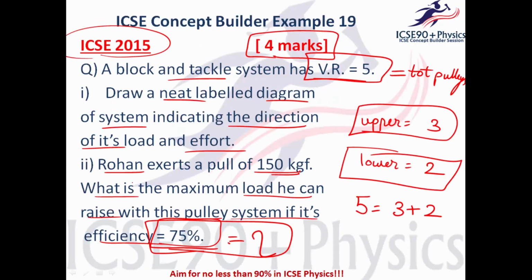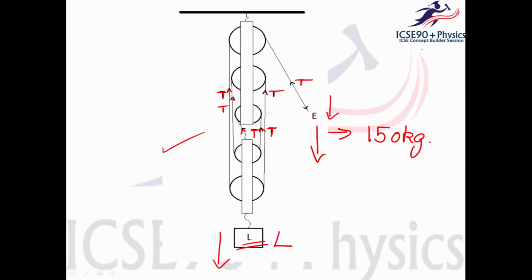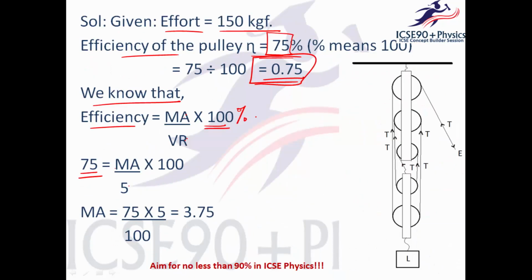From the question we know velocity ratio is 5, right? So efficiency is equal to MA upon 5 into 100. We can quickly calculate MA. MA is equal to 75 times 5 upon 100, which is nothing but 3.75, right? Also we know mechanical advantage is equal to load upon effort.